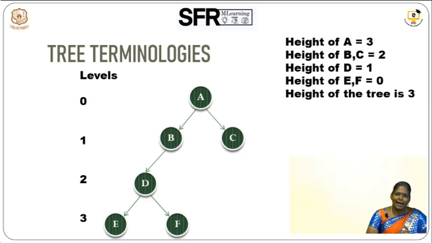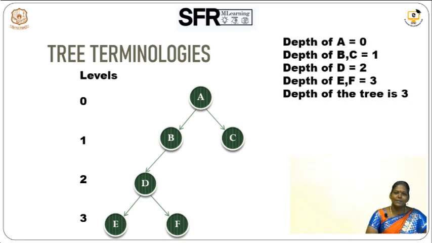Next one is the height. The height of a particular node is measured from its position to the end. Here the height of A is 3 and B and C is 2. Height is always represented using the levels only. So the maximum height of a node is 3, so the height of the tree is 3.